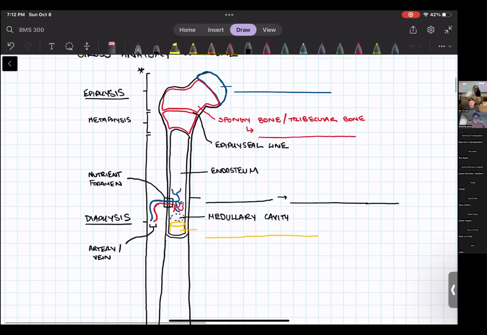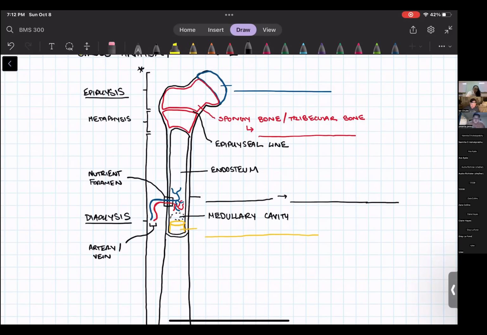What lines the two ends, or the epiphyses, of long bones? Hyaline cartilage. Perfect. What do we call that cartilage specifically? Articular. I like to think of it as articulating with the joint.